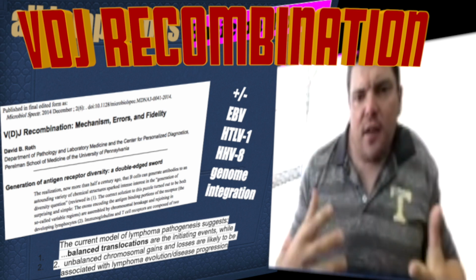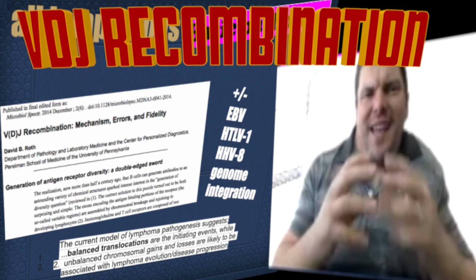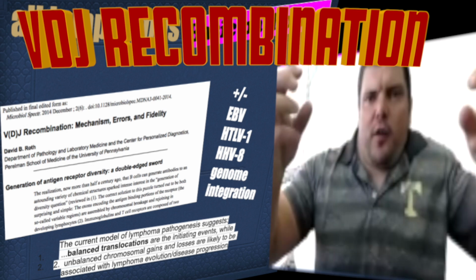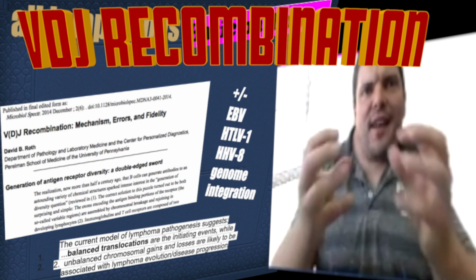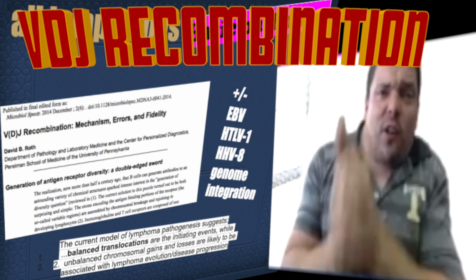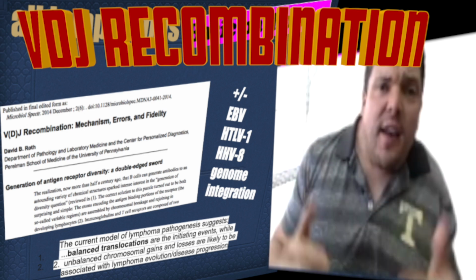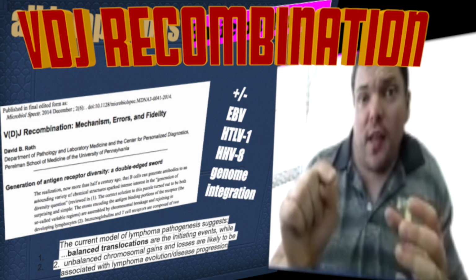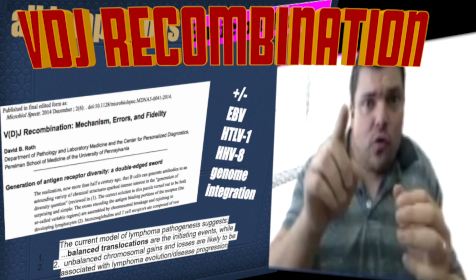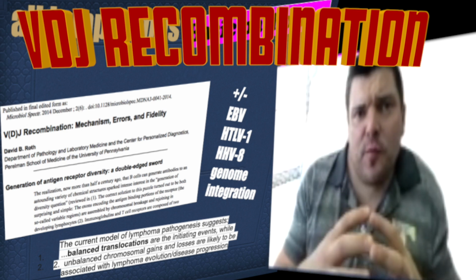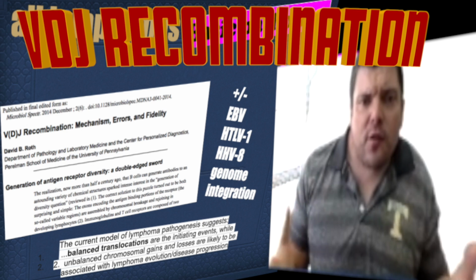And VDJ recombination, as the name implies, is taking chromosomes apart and then reconnecting them at different places. This is done naturally and correctly all the time, and it's what allows our white blood cells to create a personalized white blood cell arsenal just to you or just to me. It's basically our natural response to the germs all around us.